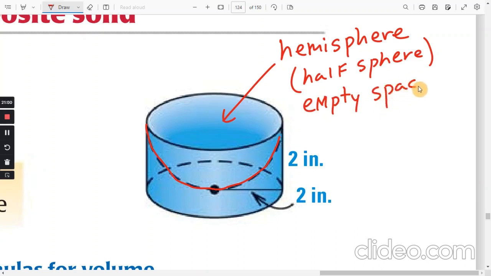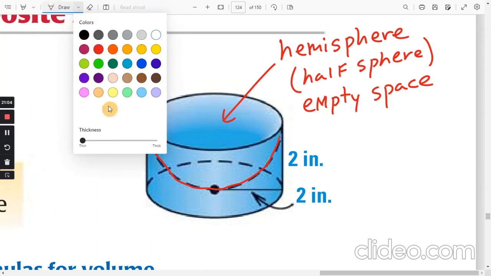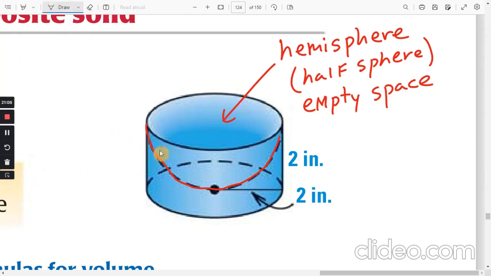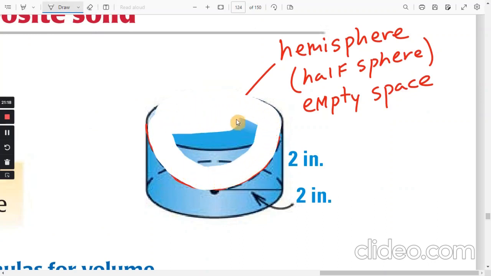I don't know if I can draw it any better than they did, but try to imagine if this portion is a cylinder, and imagine if this portion were missing, like the top half or the hemisphere. We wanted to find the volume of just this part. We would have to find the volume of the whole cylinder and then subtract this hemisphere or half sphere.